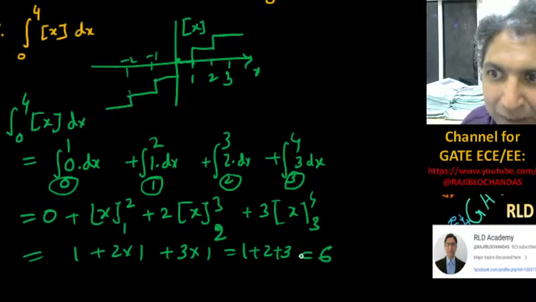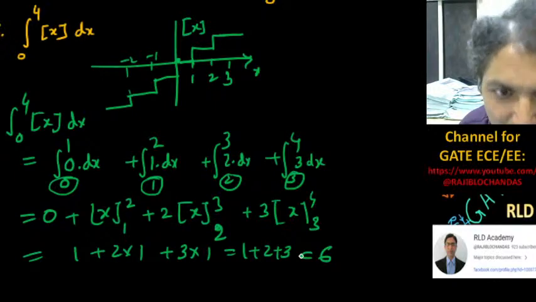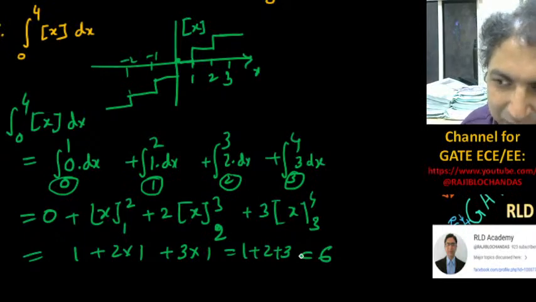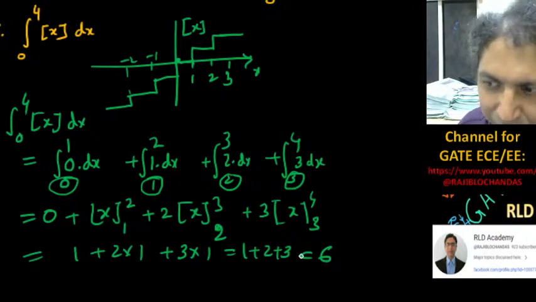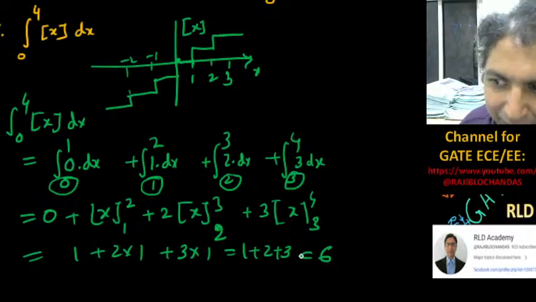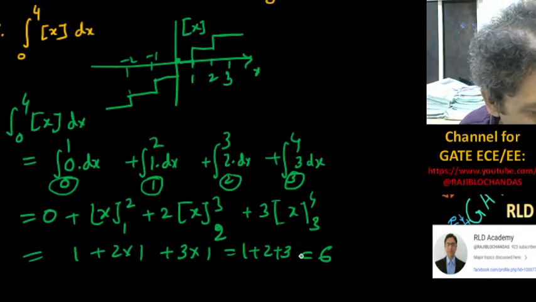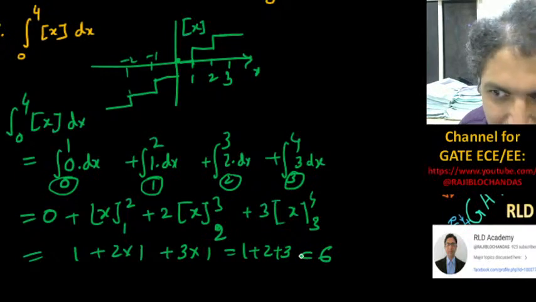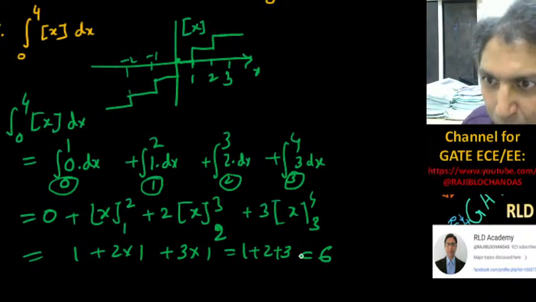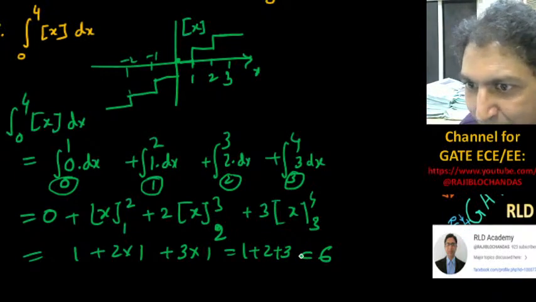But area we can easily calculate. Area does not depend on any particular point. At a particular point, area is 0. Integration means area from one point to another point. So from a to a, that is 1 to 1, if I integrate any function, it will become 0. Discontinuity could be there, but easily we can find out the area.